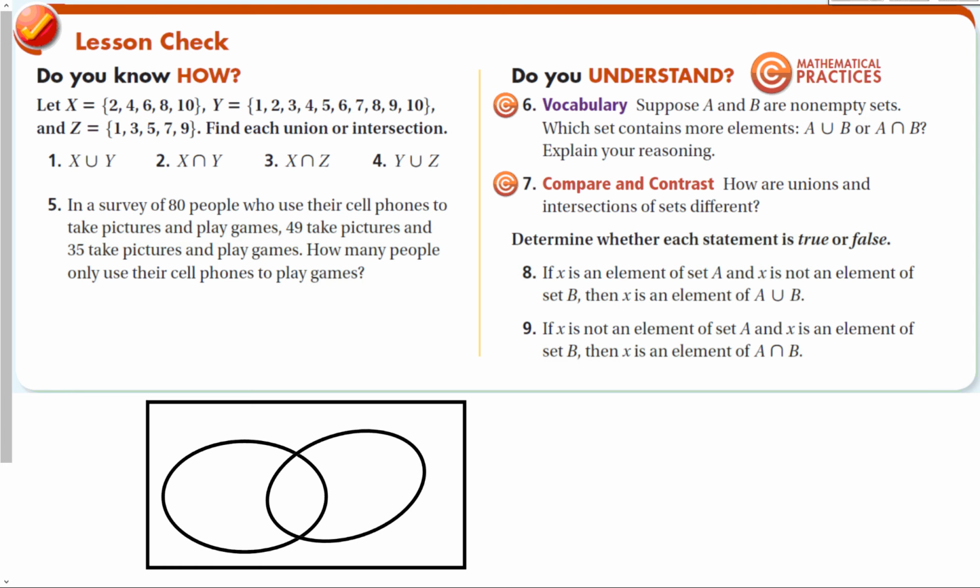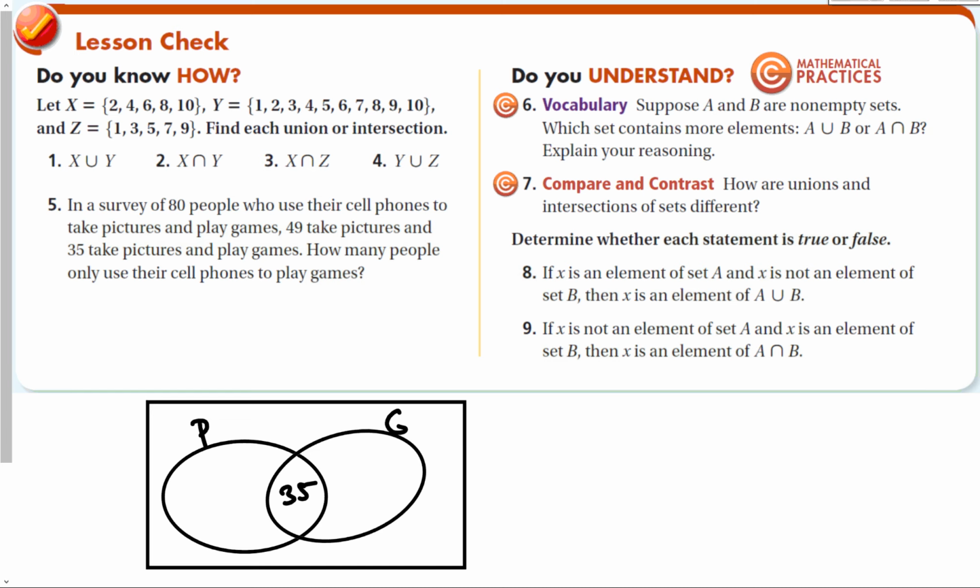So the first people, cell phones to take pictures. This is games. So 49 take pictures and 35 take pictures and play games. So there's 35 people in here. Total, 49 people just take pictures.